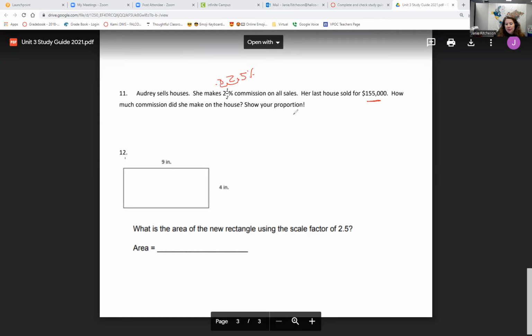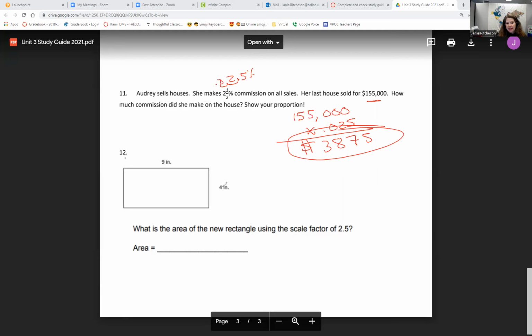So basically I'm going to multiply $155,000 multiplied by 0.025. So how much did Audrey make on the house? 155,000 times 0.025, and she made a whopping $3,875.